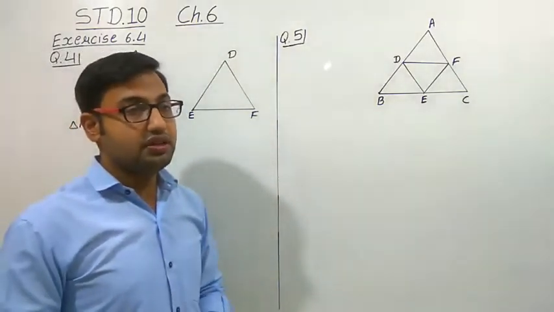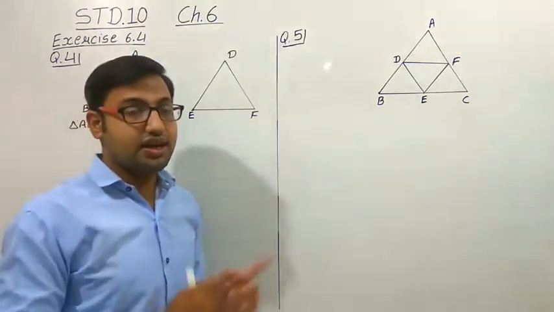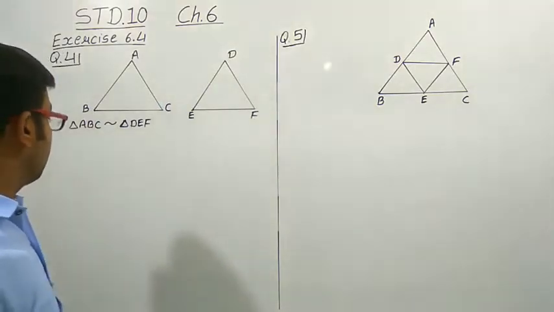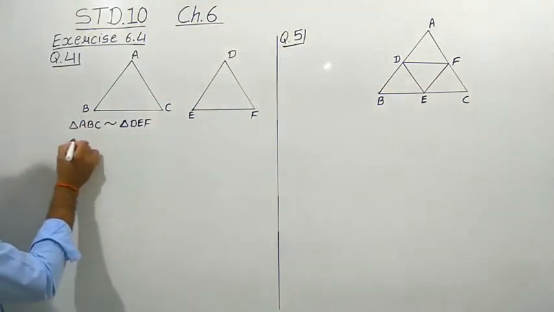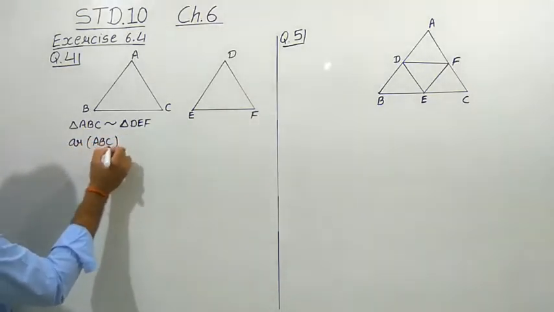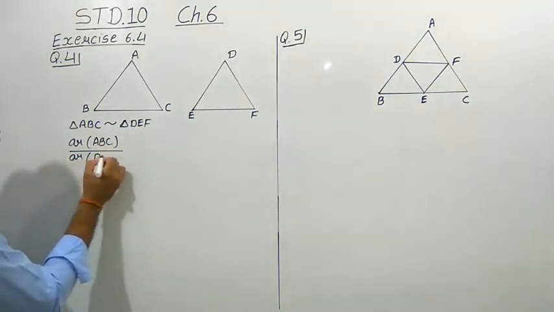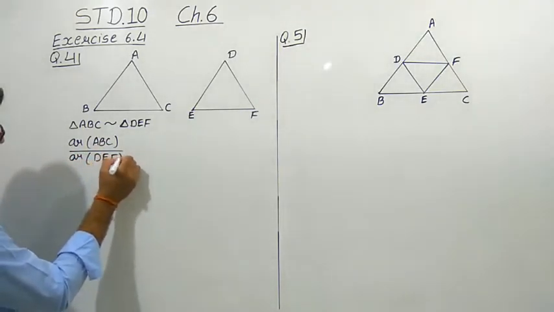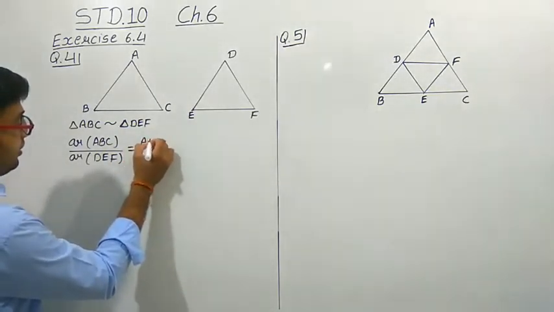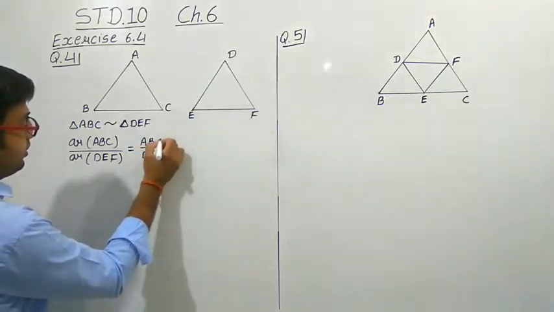So we know the theorem we have studied, that is related to the areas and the sides of the triangle. According to that theorem, if the two triangles are similar, then we can write that area of triangle ABC upon area of triangle DEF is equal to AB upon DE whole square.